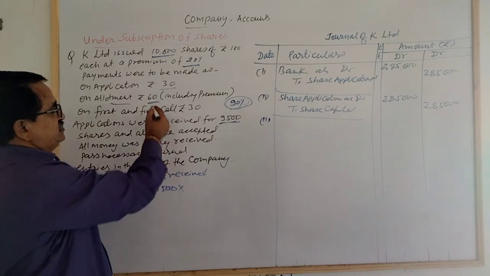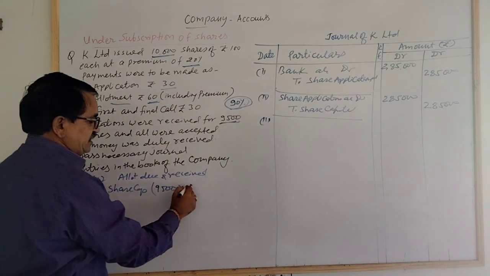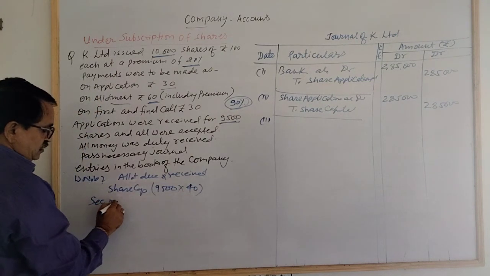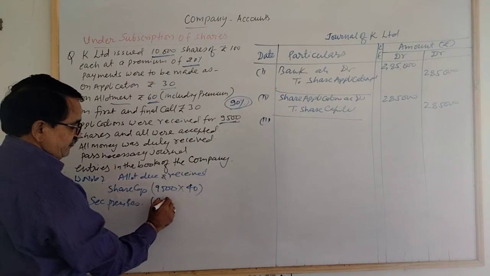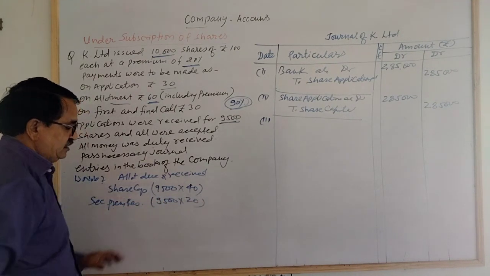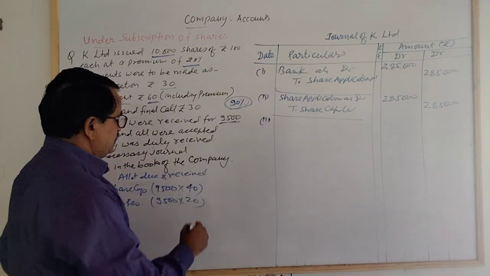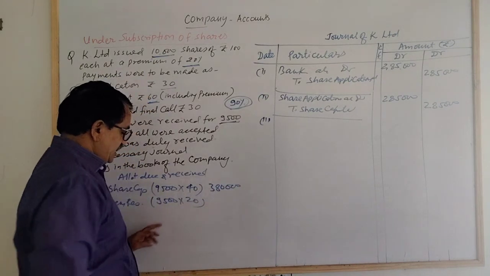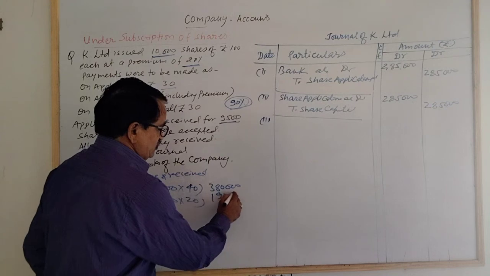So ₹60 includes ₹20 premium, and your share capital is ₹40. Securities premium reserve: 9,500 into 20. Share capital: 9,500 into 40, the amount will be ₹3,80,000. And 9,500 into 20, the amount will be ₹1,90,000.